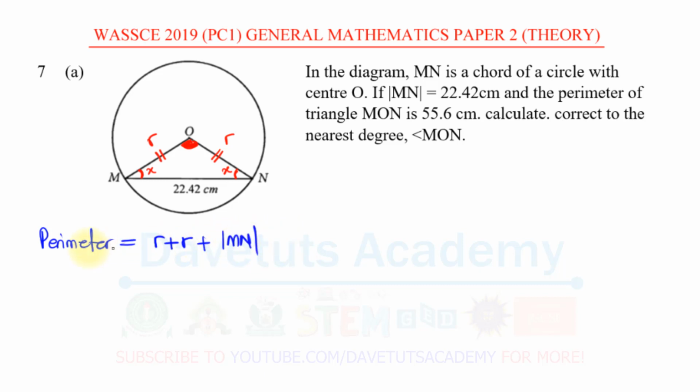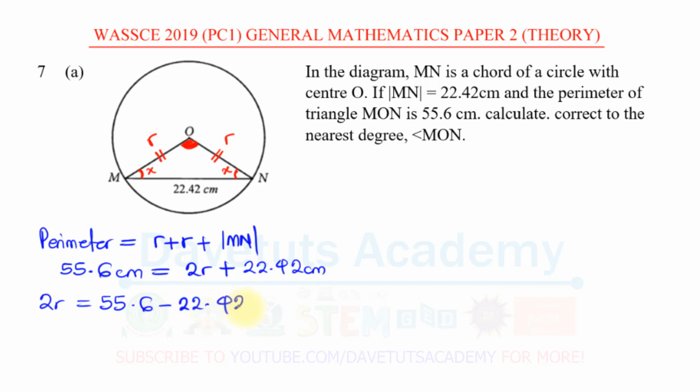Okay, I was given the perimeter to be 55.6 centimeters, so that will be 2r. We're given MN to be what? 22.42 centimeters. Okay, so that means 2r is 55.6 minus 22.42.